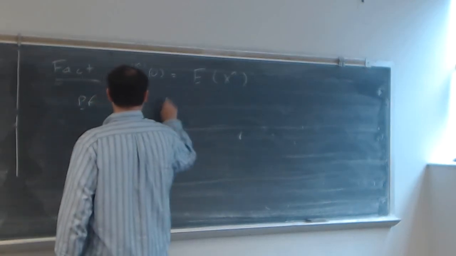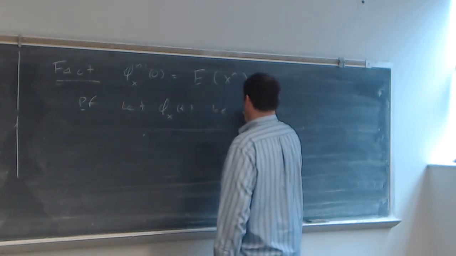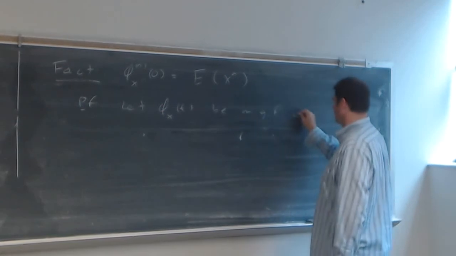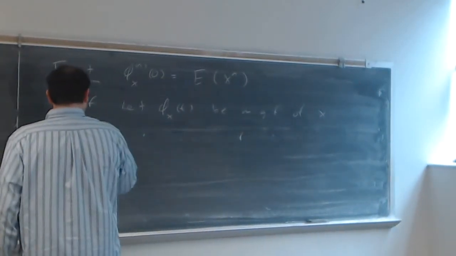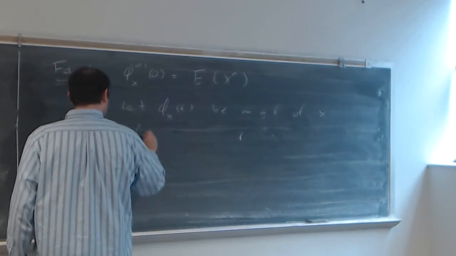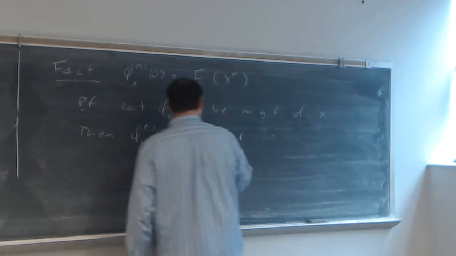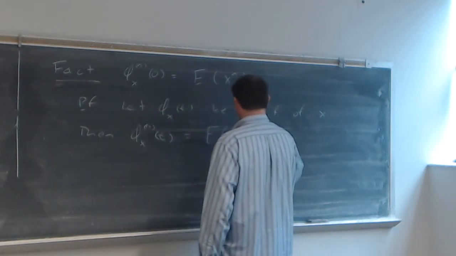I'll write out a little bit of words. Let phi sub x be the moment generating function, the MGF, that's what we abbreviate moment generating function, of x. Then by the previous fact, the nth derivative of phi sub x is the expected value of x raised to the n e to the tx.